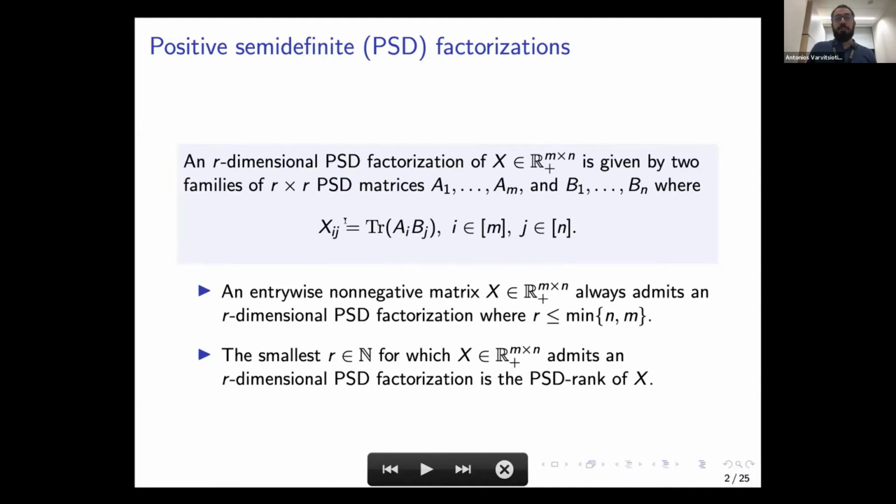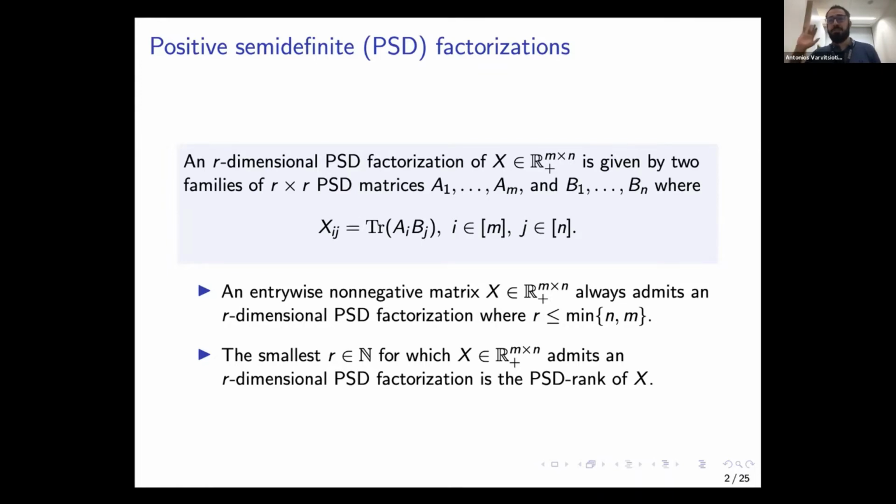And the main thing that we're asking from these two families of matrices is that for the IJ entry of matrix X, I want that to be equal to the trace inner product between A_i and B_j. So that's the goal here. We're trying to find these two families of PSD matrices that somehow recover the entries of the matrix X. And again, R is fixed.